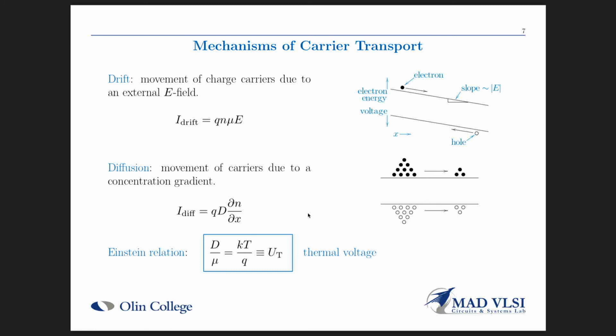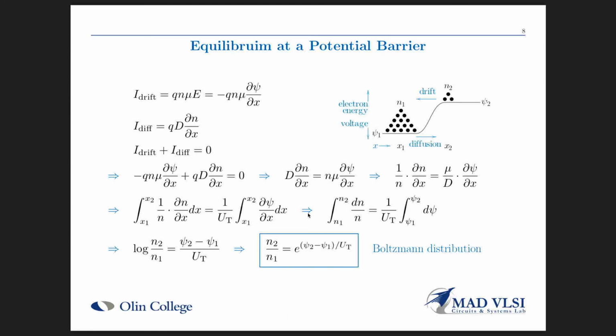So we're going to take some of this and do a little bit of stuff with it before we call it quits for this segment. This will be a little bit longer, and there's a lot of stuff on this slide, so hopefully it won't be too bad. What we're going to study here is a situation where we have a potential barrier. So we have two different levels of potential, psi 1 and psi 2, at different positions.